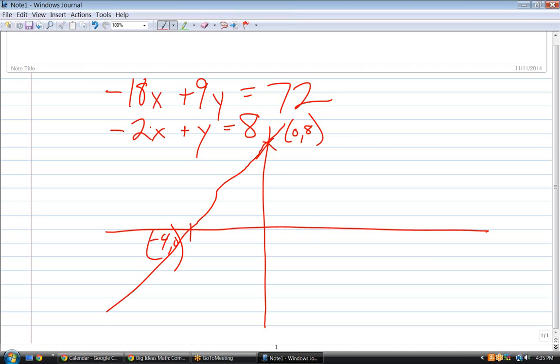Notice that even if you didn't notice that, you would have still got the exact same 2 points. If I plug in 0 for x, y is 8. I still get that same point, even though I don't divide everything by 9. And if I plug in 0 for y, I still get minus 4 for x.